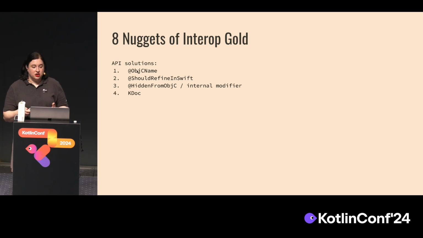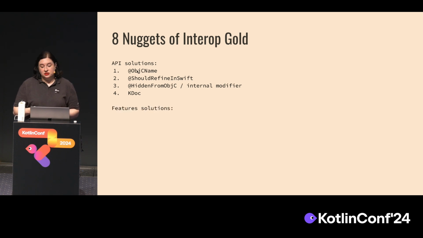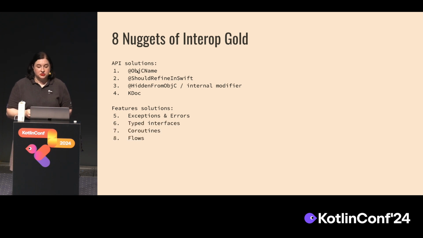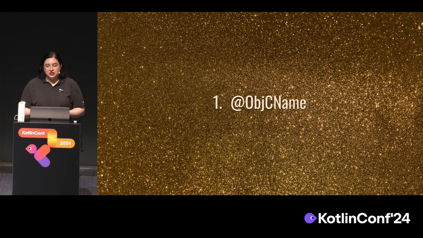The first three are annotations, and then KDoc is just comments. Then there are feature solutions like exceptions and errors, typed interfaces, coroutines, and flows that are related to, obviously, more specific features.